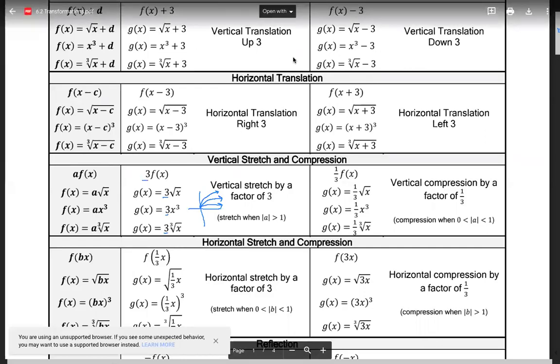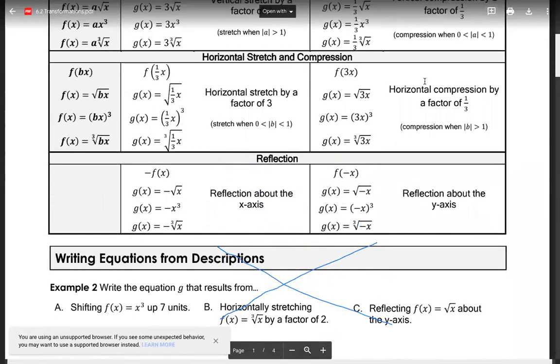Now the next thing we're going to talk about is horizontal stretch and compression. I'm actually taking these off, so you don't have to worry about the horizontal aspect. And I'm doing the same thing for the reflection about the y-axis.